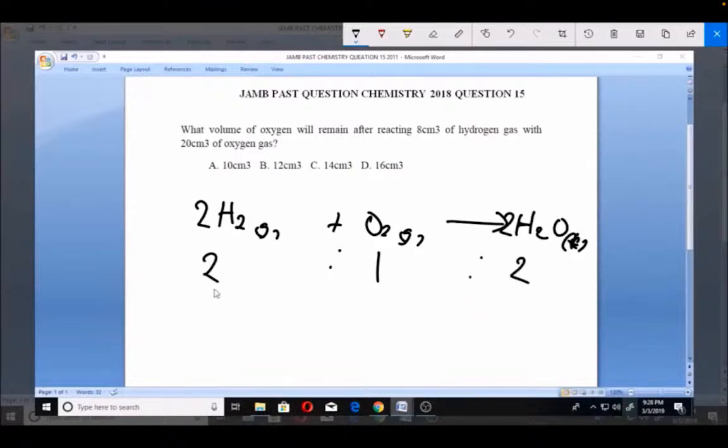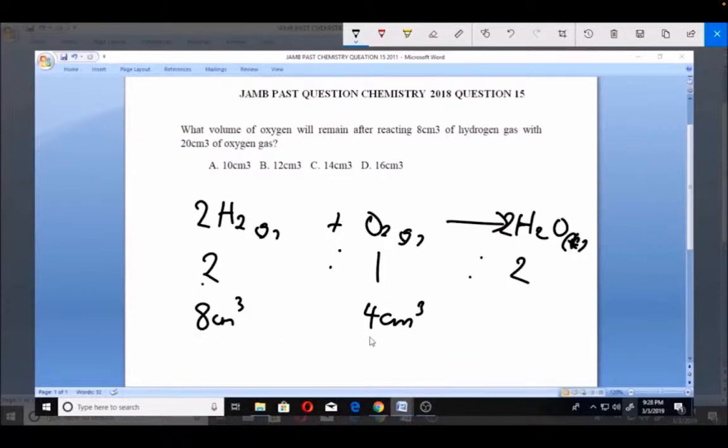So anytime you're having 2 of hydrogen, you're having 1 of oxygen. Therefore, if you have 8 cm cubed of hydrogen, you're supposed to have 4 of oxygen, because oxygen is always half of hydrogen. So when hydrogen was 2, oxygen is 1. When it's 8, this should be 4.